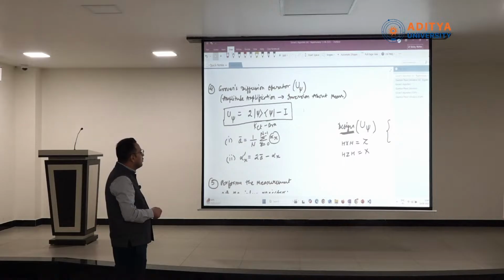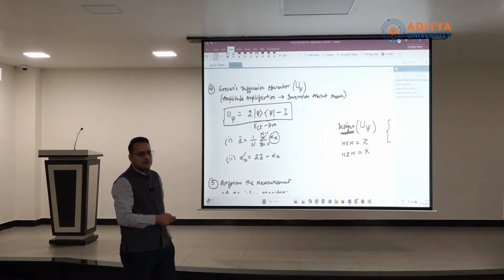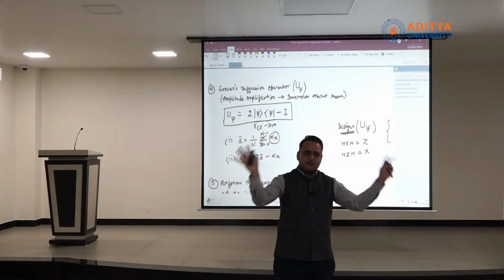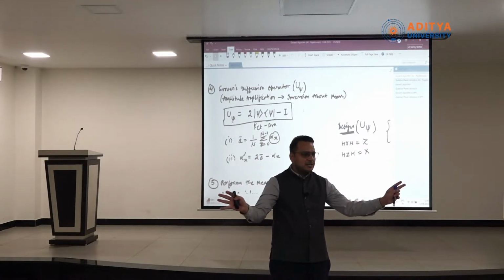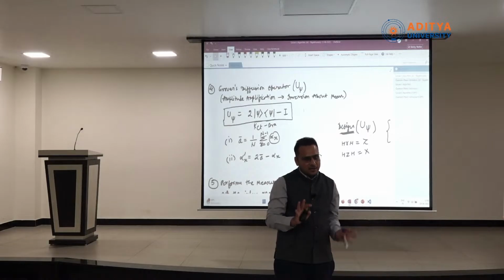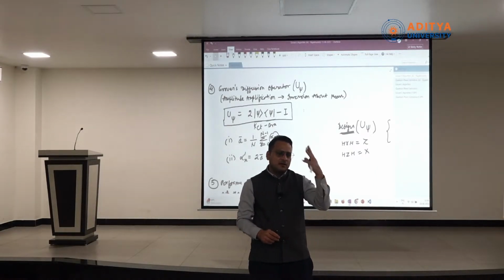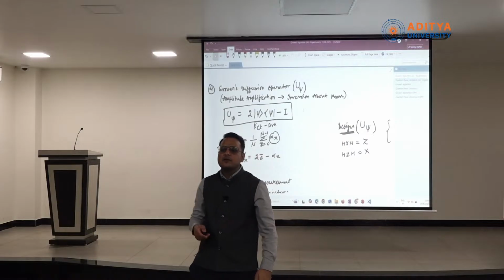This is the mean value, A bar. The mean value will be computed as 1 by n, where n is the number of elements contained in the database. Suppose we are working for 8 elements, then this value is n. Otherwise you may write 2 raised to the power 3, where 3 is the number of qubits required.